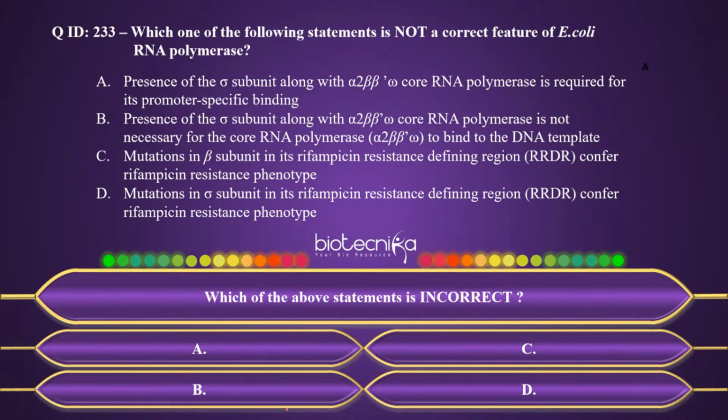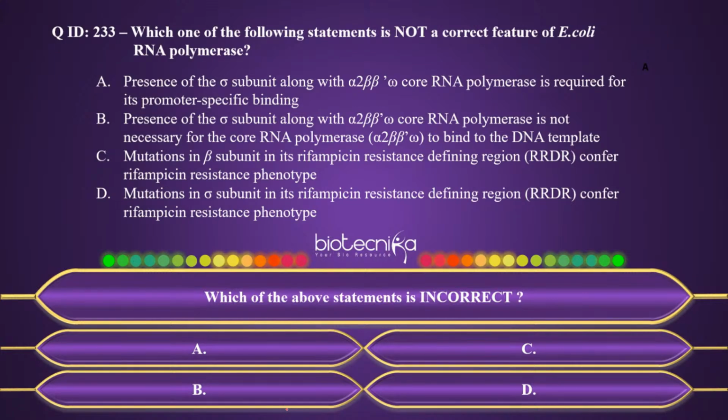Coming to question ID 233, which says: which one of the following statements is not a correct feature of E. coli RNA polymerase? Statements regarding RNA polymerase are given and you have to pick which option is not correct. This is the prokaryotic RNA polymerase.